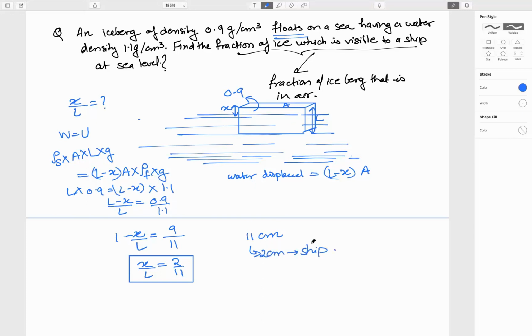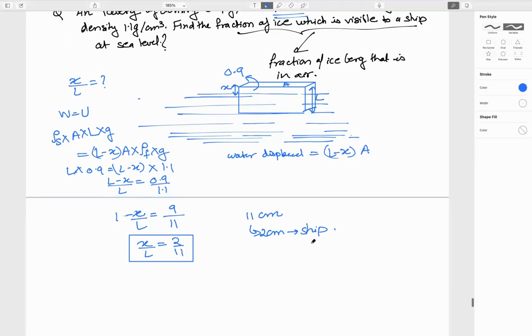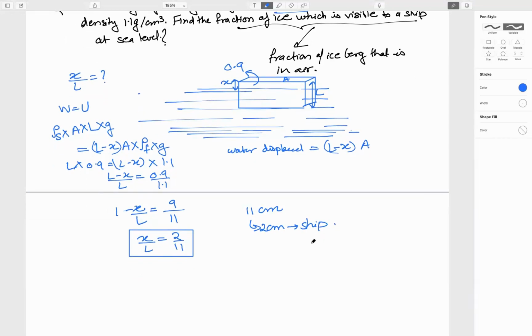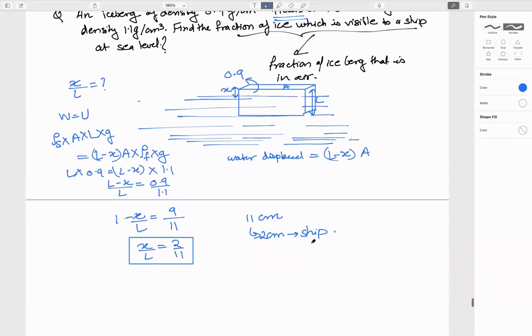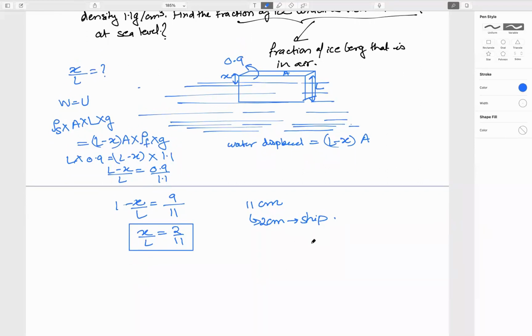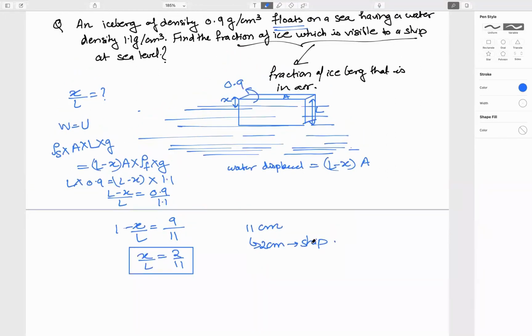In the Titanic, the ship collided with the iceberg. So that's why it's important to calculate it correctly. There are very interesting questions, and this topic is very important for JEE also. I have seen many questions in JEE.